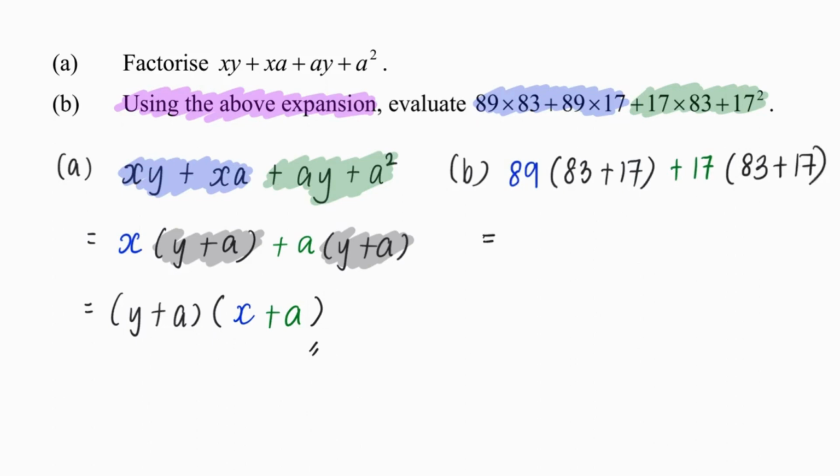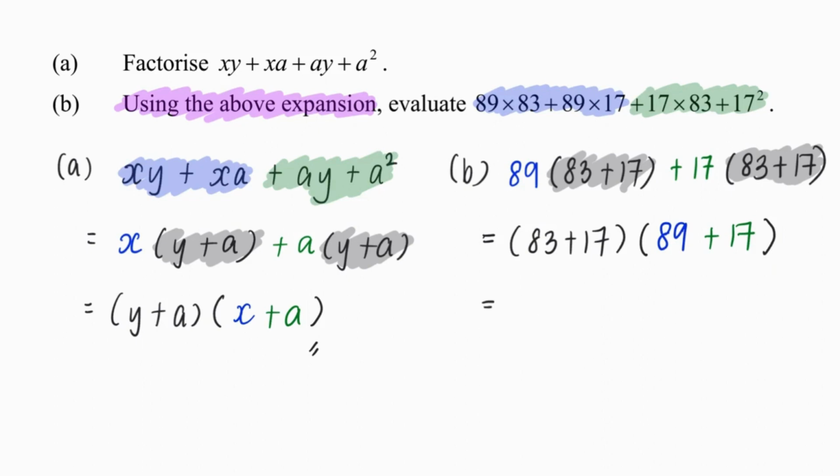So you can then see that this 83 plus 17 will be as such. And I'm left with 89 plus 17, which is in the same vein as part A, factorization, right?